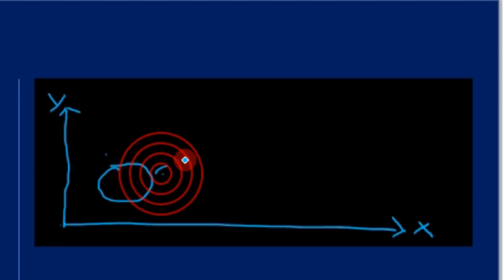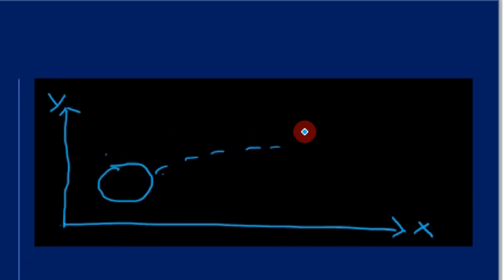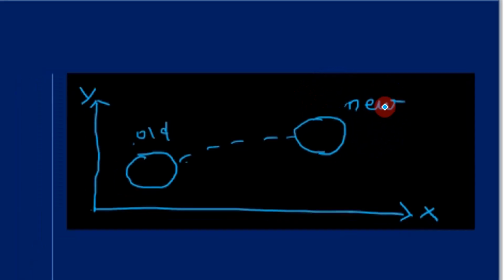You can transform that circle to a new location. So we call this a translate transformation. So this is the old location, and the shape or the node is transferred to a new location.